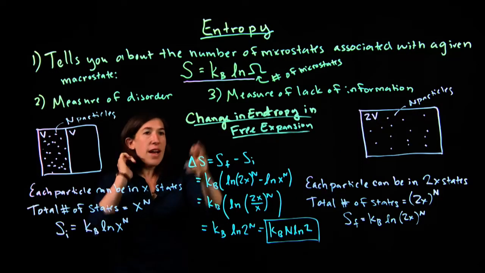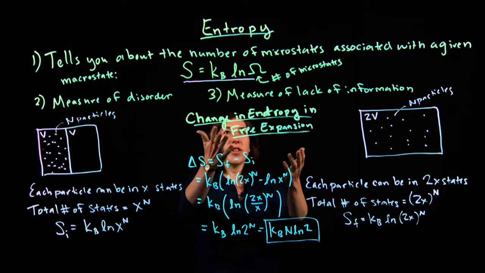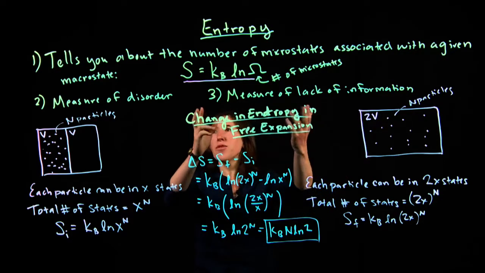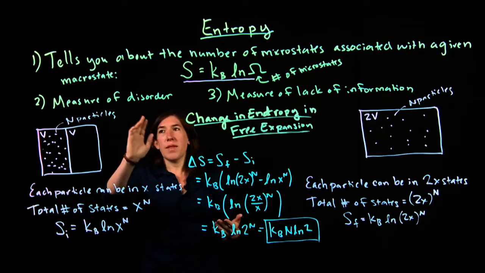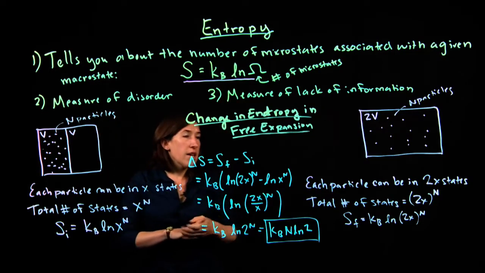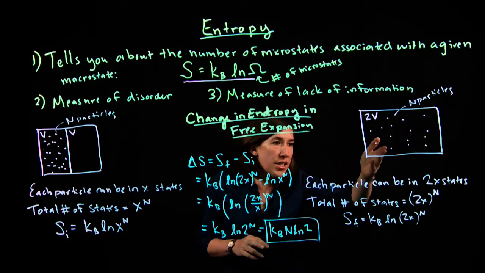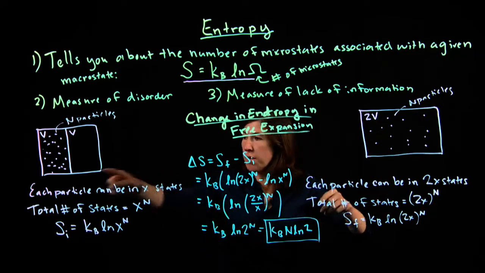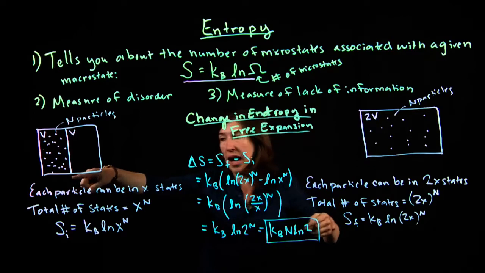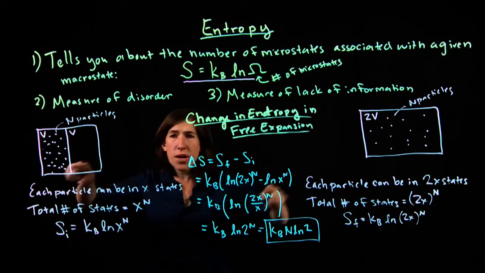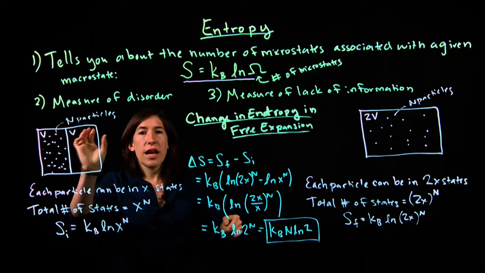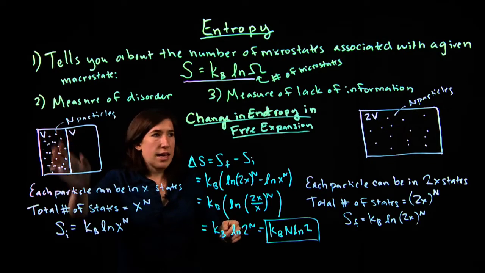And then the final one tells you about your lack of information. And this is really exactly the same thing as the first one, right? So let's consider this little guy right here. Before, it had to be on this half of the box. So for each particle, you had some information about it: that it could only be on this side of the box.